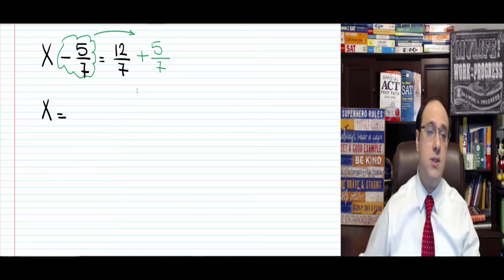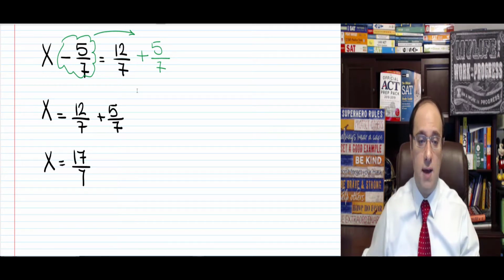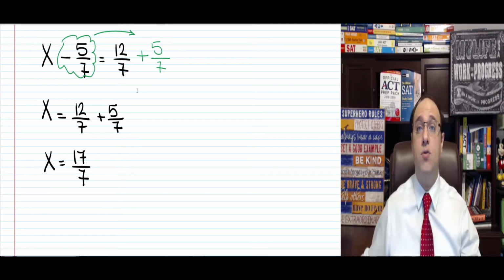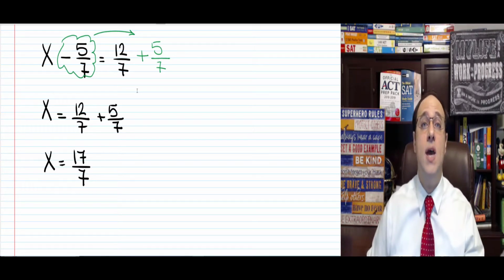Now you can rewrite this as x equals 12 over 7 plus 5 over 7. X equals 17 over 7. And of course, if you go a further step, you can change 17 over 7 to a mixed number.